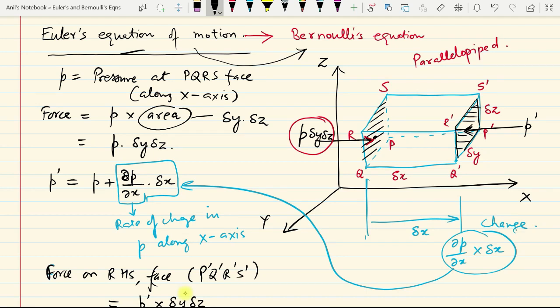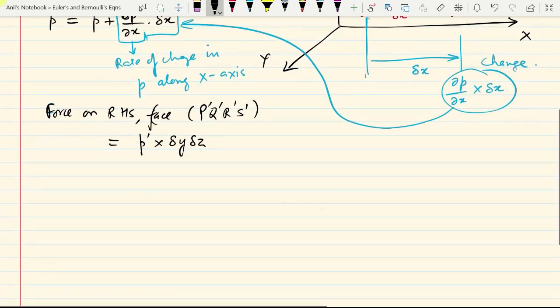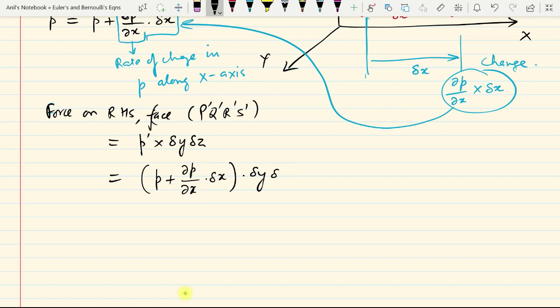So we can write it like this: P plus del P by del x into delta x, into delta y delta z.